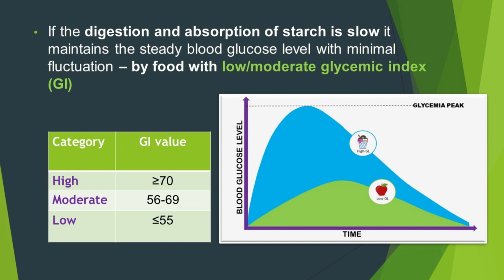Based on the glycemic index, food items are categorized into three categories: high, moderate, and low. To maintain blood glucose control, diabetes patients are advised to choose food items which are in the moderate or low glycemic index category.